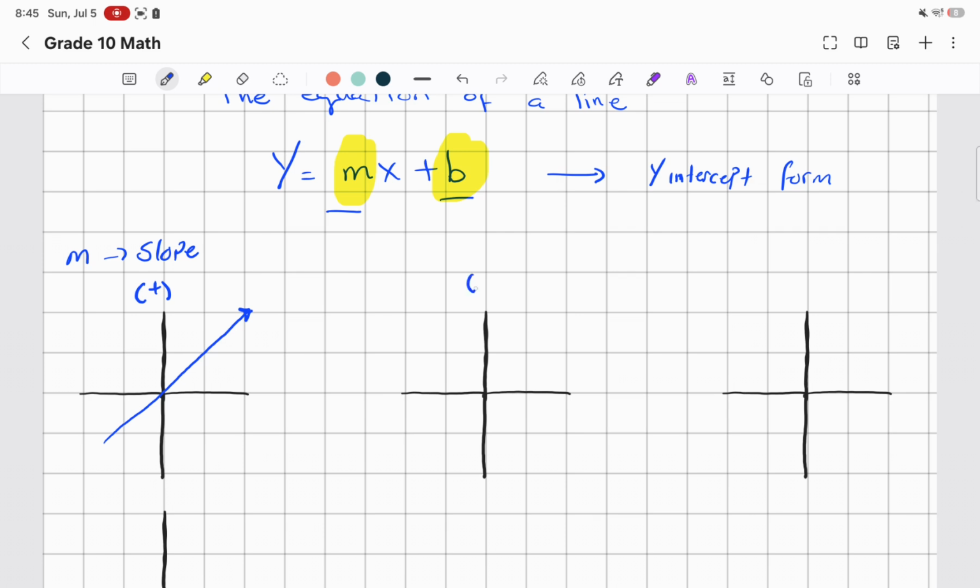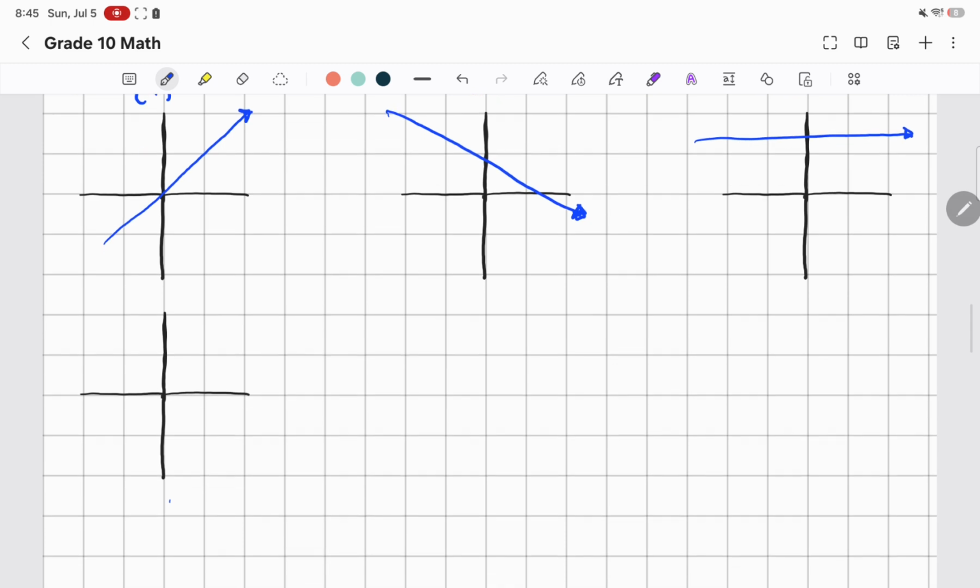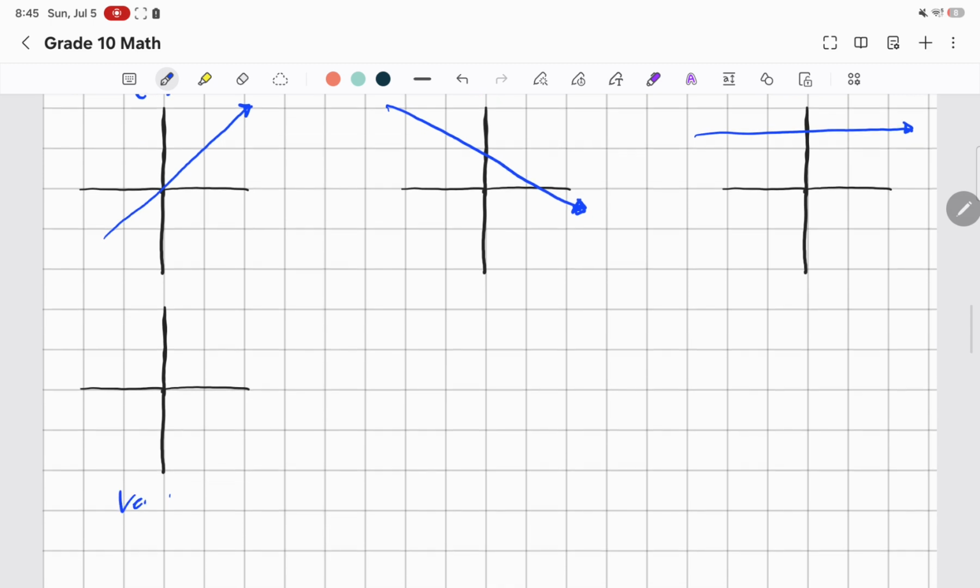The second form is a negative slope, where the line is deviating downwards. Okay, now there is a horizontal slope which looks like this, and lastly there is a vertical slope which looks like this.